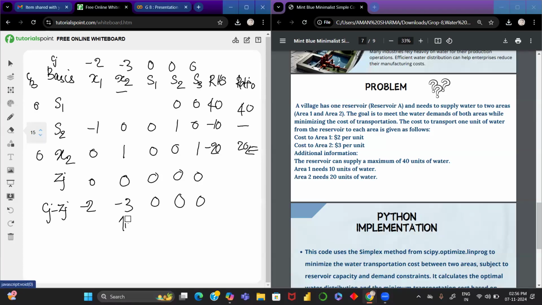Since we have replaced S3 with X2, we don't have to look at this column.